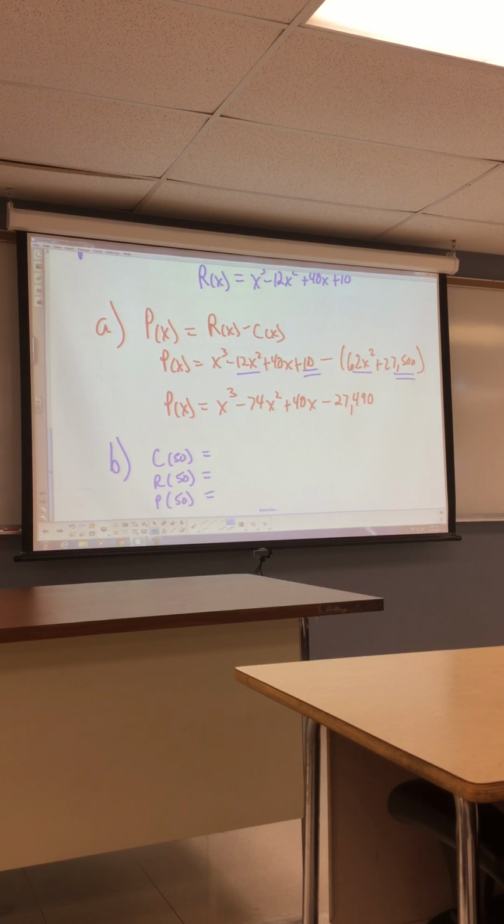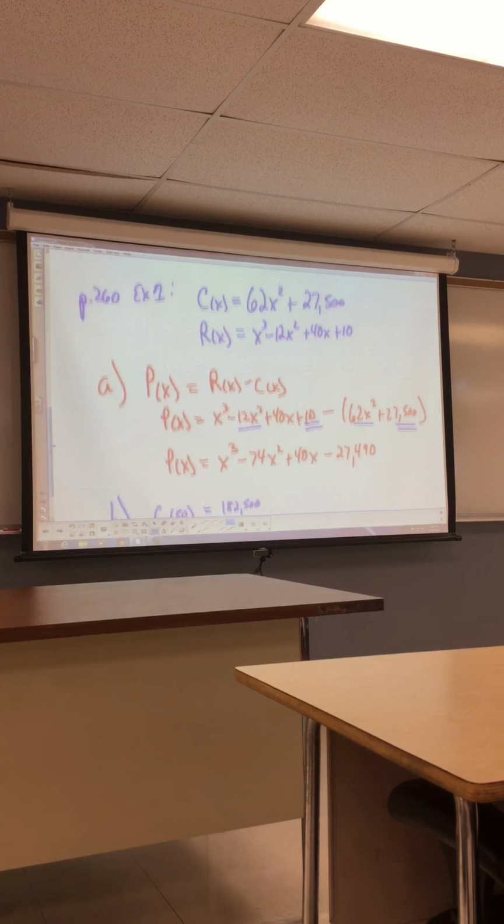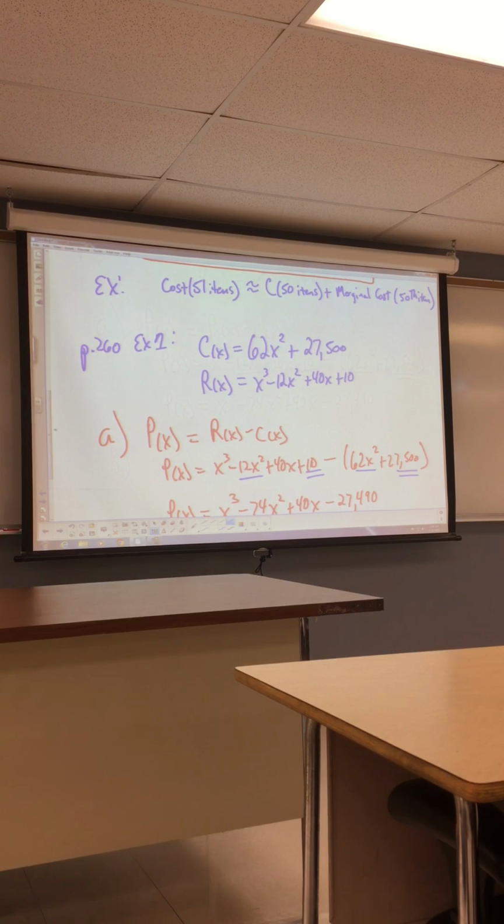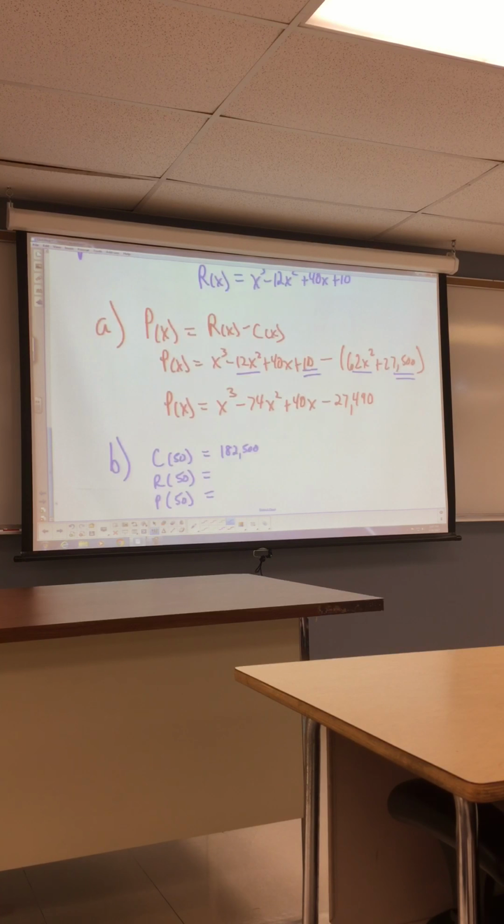Does everybody understand that? I'm not gonna waste your time with this, it's in the book. So C of 50 turns out to be 182,500. Where does that number come from? It's from taking the C function on the top there and simply plugging in a 50 for X. Okay? R of 50, we're gonna plug that in. And R of 50 turns out to be 97,010.